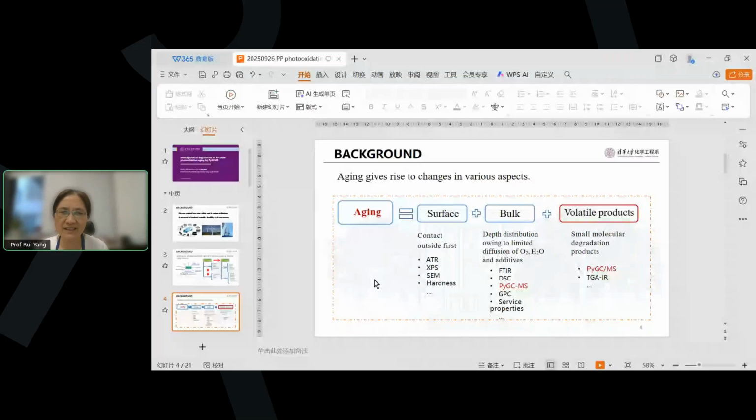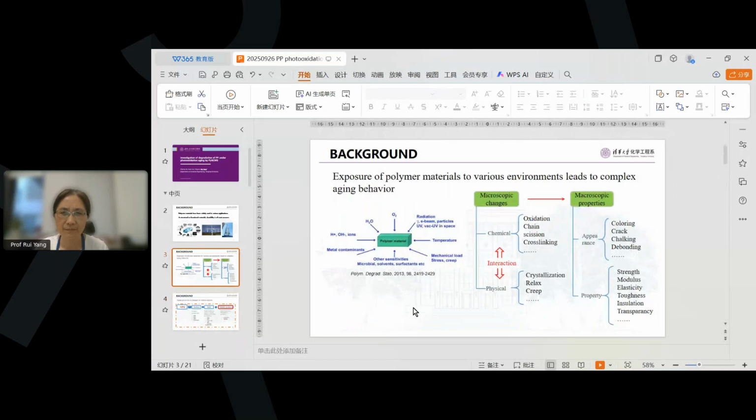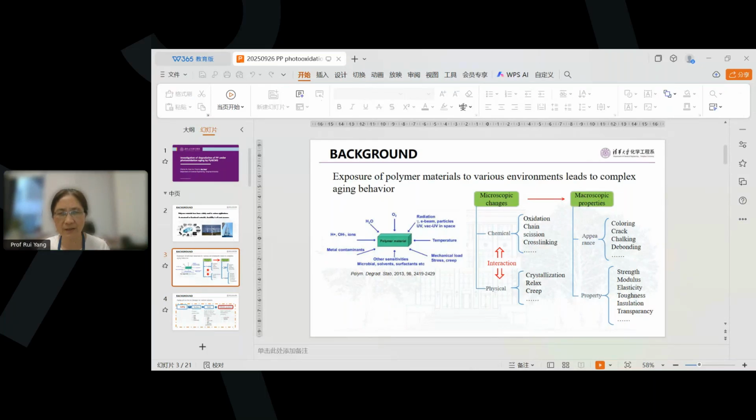Then it is easier. Can you see this slide? Yeah, now I am seeing. Please proceed. Is it okay now? Yeah.